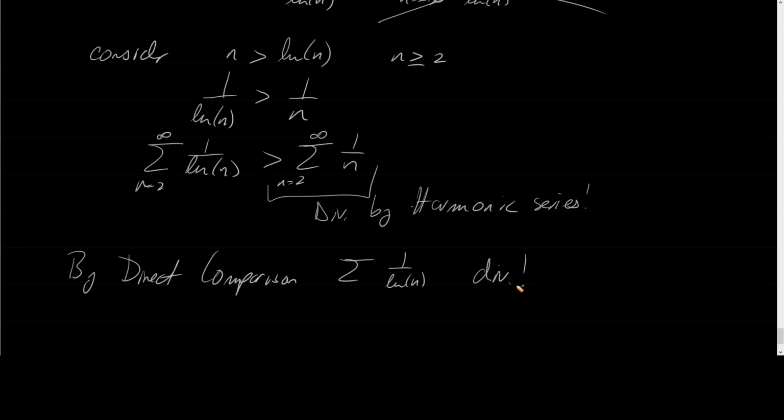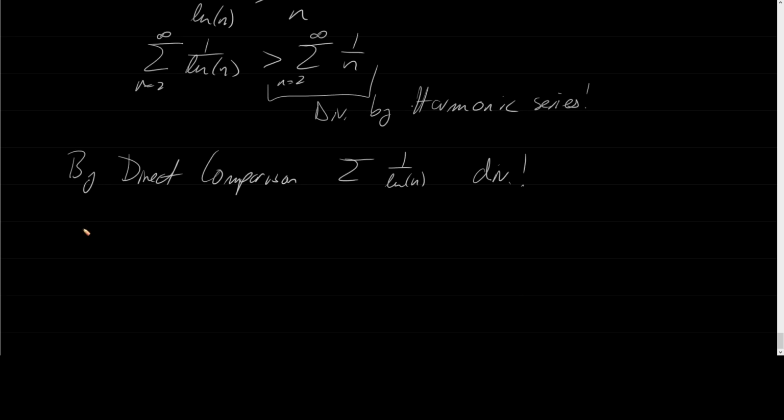But the question was, is it conditionally convergent or absolutely convergent? Well, we don't even know if it's any kind of convergent. All we know so far is that the absolute value version diverges. So now I actually do need to figure out what the non-absolute value version was doing.